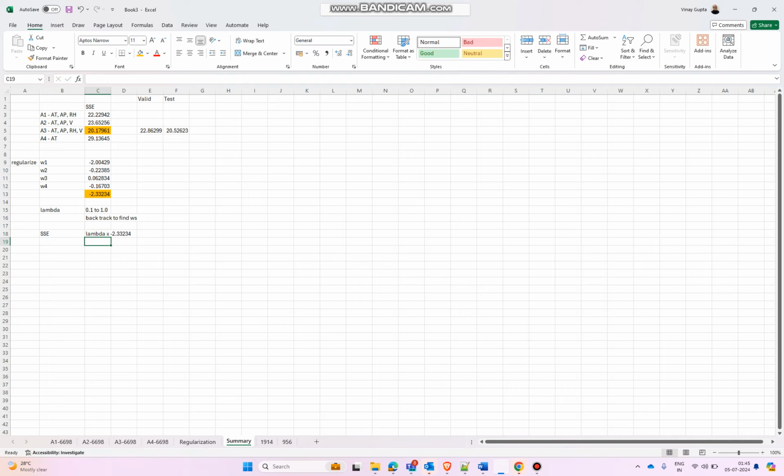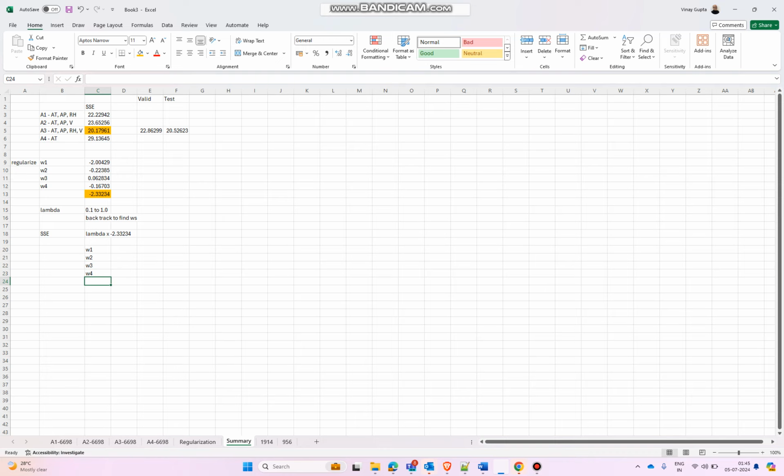You play around with different lambdas to come up with different SSE, and then you do a reverse calculation of your weights. You replace the SSE for each value of output, and then for each value of output, you come back again with W1, W2, W3, W4. It's backtracking.